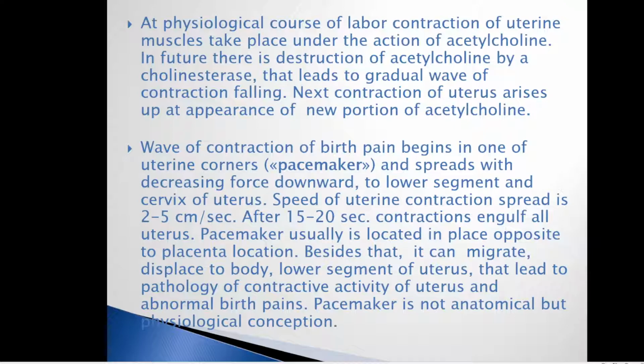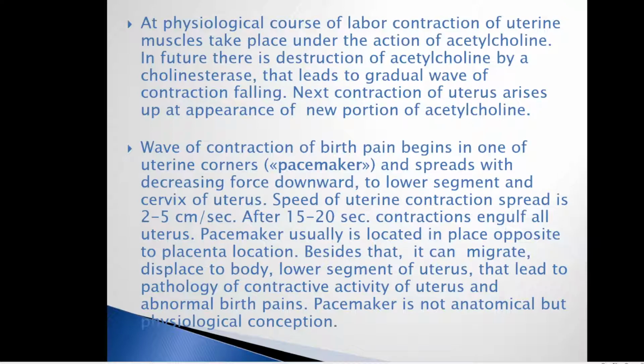The wave of contraction of a birth pain begins in one of the uterine corners. It is named the pacemaker and spreads with decreasing force downward to the lower segment and cervix of the uterus.